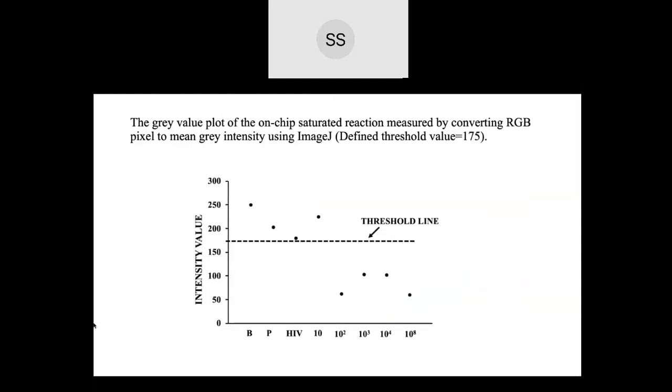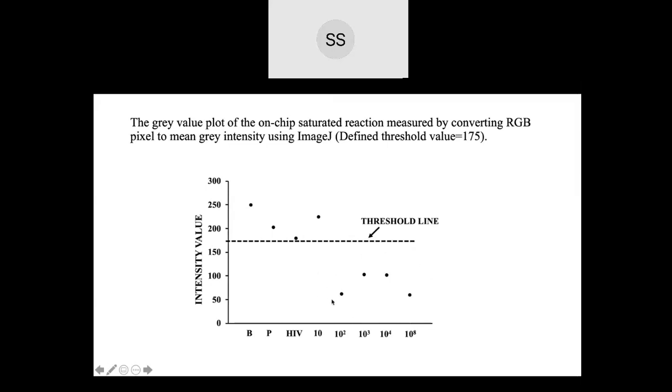So again, we plotted the gray intensity value of the results, and we observed that in the plasma which had no Zika target, chamber 4 showed a value higher than 175. In the plasma which contains Zika target, the color change was observed, and the intensity value of chamber 4 was lower than 175.